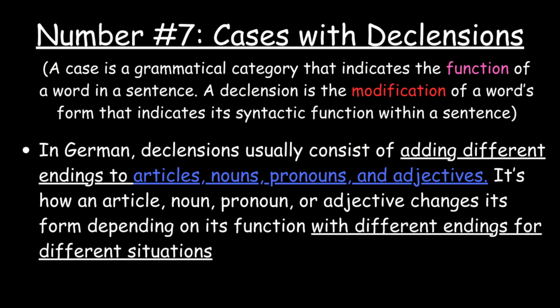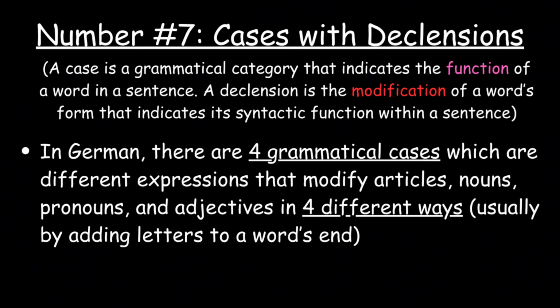In German, there are 4 grammatical cases that are very important to understand because by using them, it's possible to speak German correctly. Think of the cases as different expressions that modify articles, nouns, pronouns, and adjectives in 4 different ways.